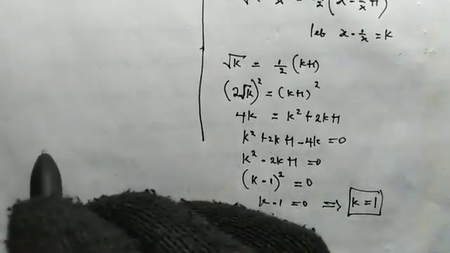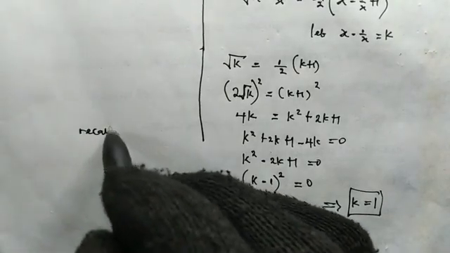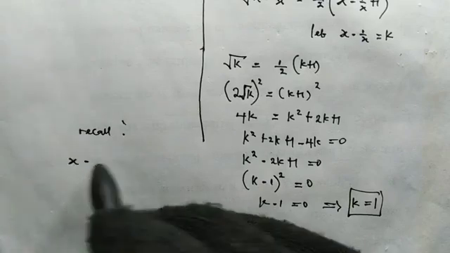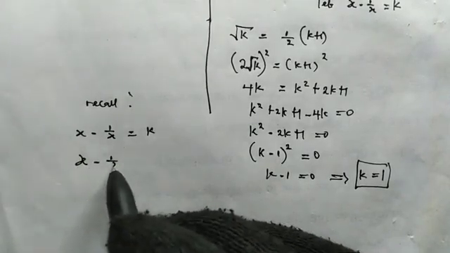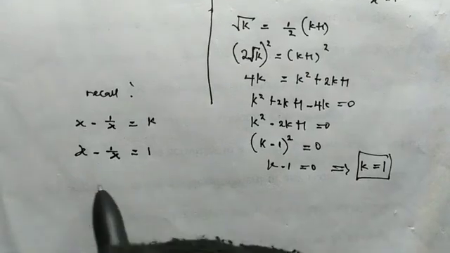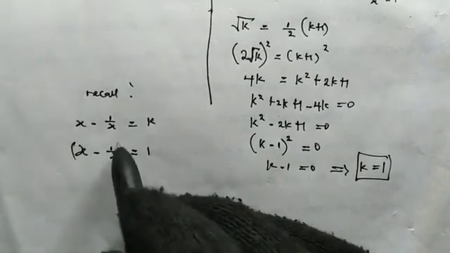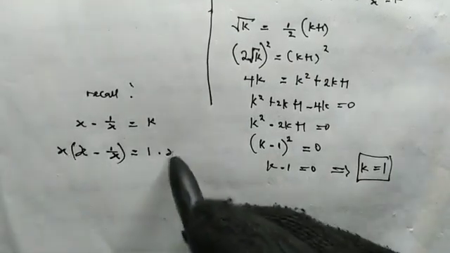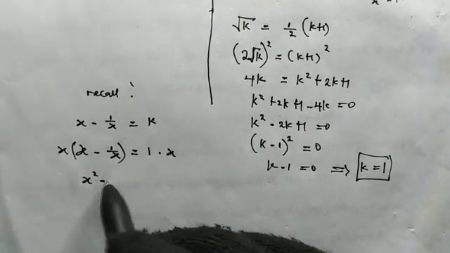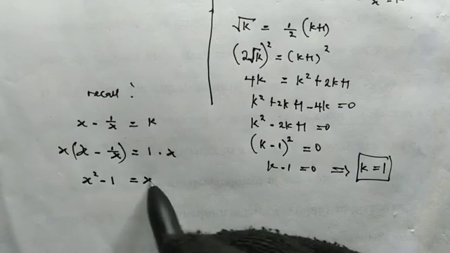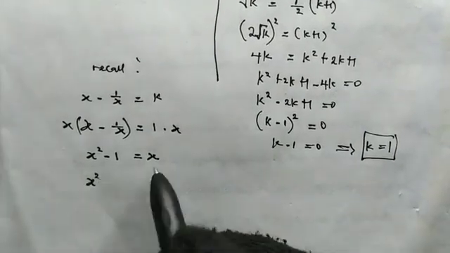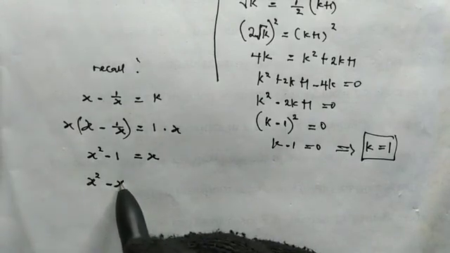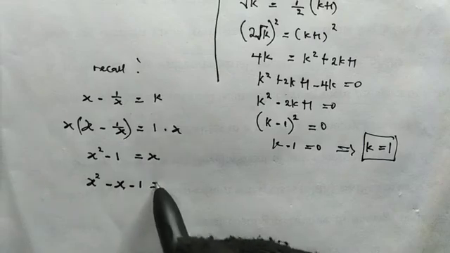Here k is equal to 1, so we get x minus 1 over x is equal to 1. So let's multiply both sides by x, so we get x squared minus 1 is equal to x. So from here we write x squared minus x minus 1 is equal to 0.